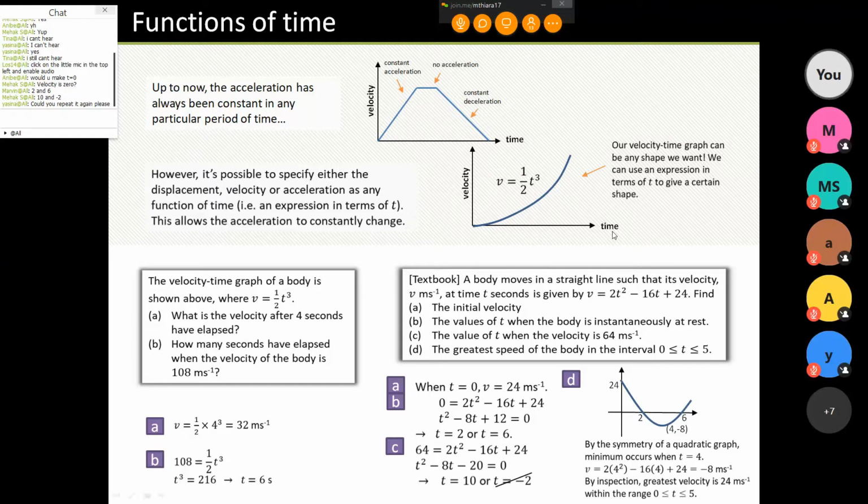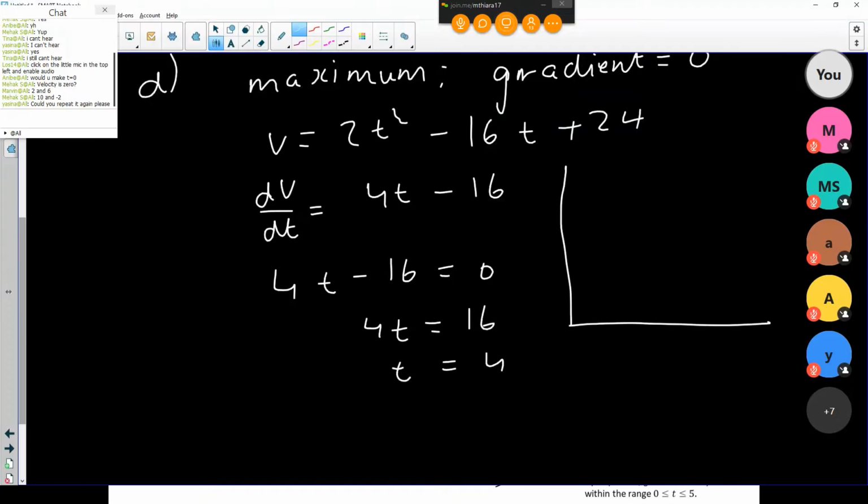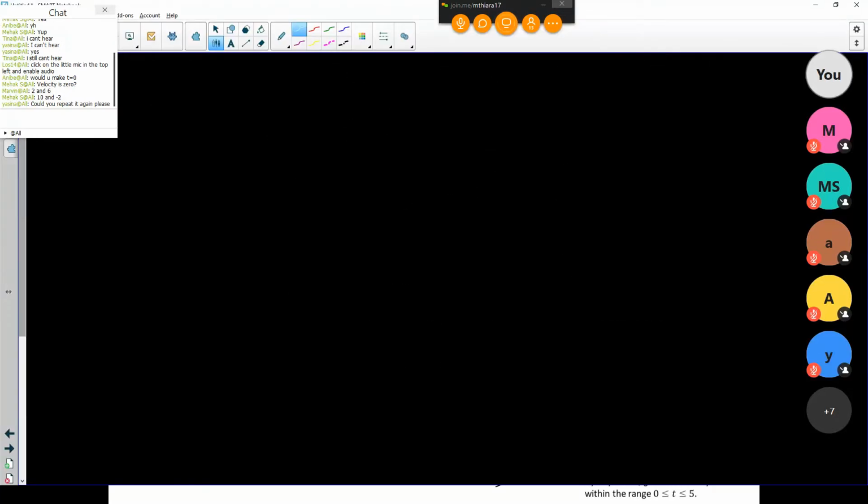So what I'm going to do, I'll sketch it, and so hopefully it'll make more sense now. Right, let me just start a new page. I'll write over here d. So velocity was given by 2t squared minus 16t plus 24. Now this I know is a quadratic, and you worked out when velocity was 0, and the graph looks something like this.